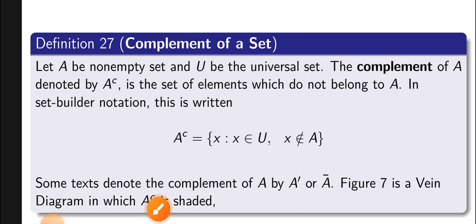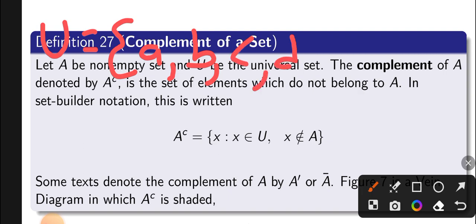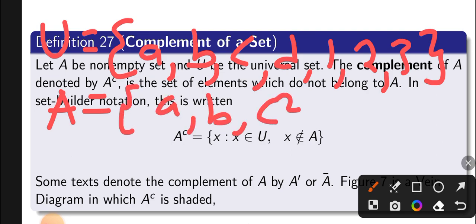Another example, we have the universal as U is equal to A, B, C, D, 1, 2, 3. Then we'll set A as A, B, C. Then we'll set B as 1, 2.